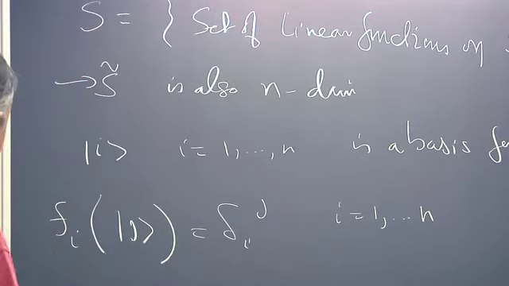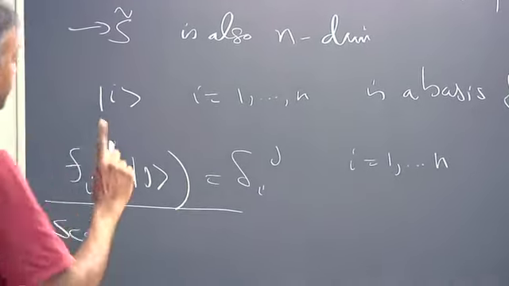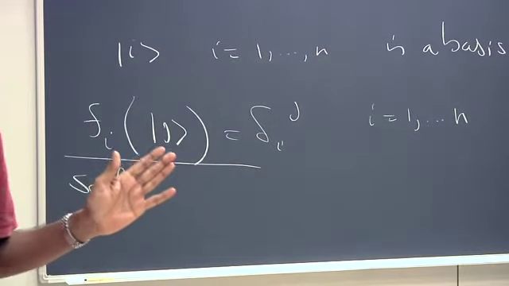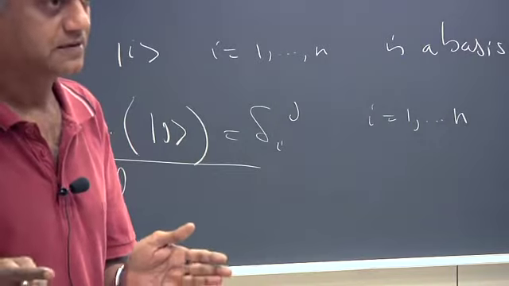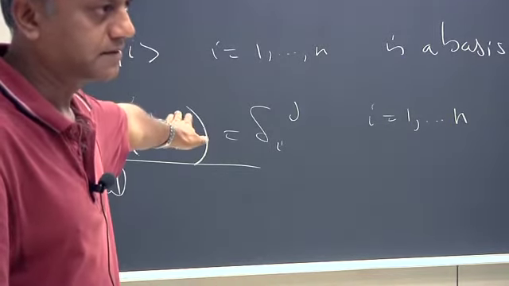Okay. Finally, if a scalar product is given, I want to emphasize, to define the dual vector space, you don't need a scalar product in the original vector space S. Even without a scalar product defined in the original vector space, you can always define S tilde. There's no problem, right?